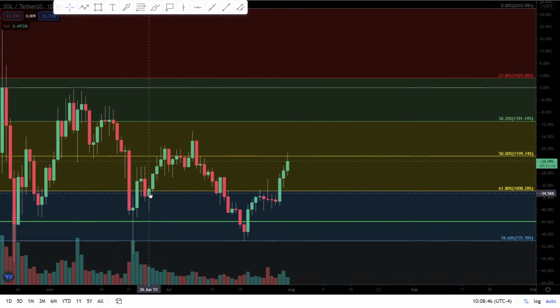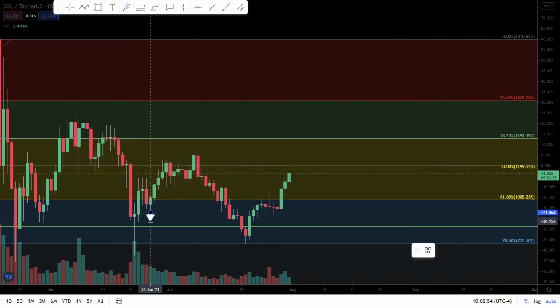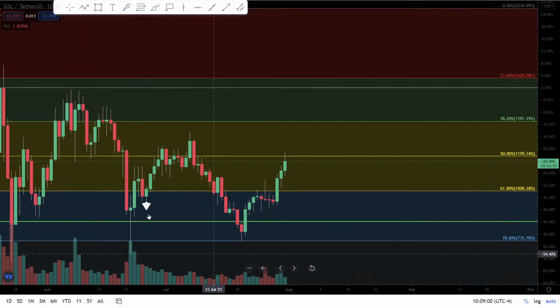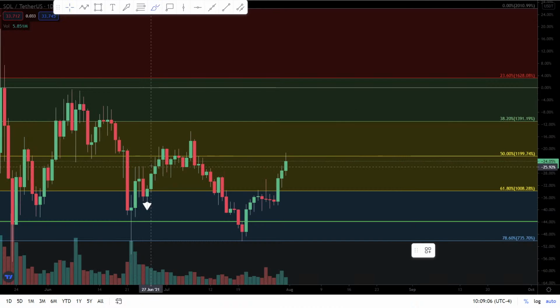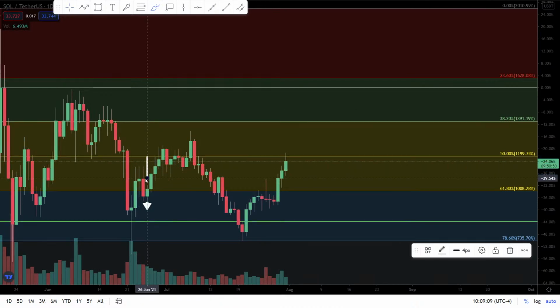If we go further back, the candlestick to the left here, let me draw this little arrow. Where we have this white arrow, you can see that this green candlestick broke above the 61.8% level.